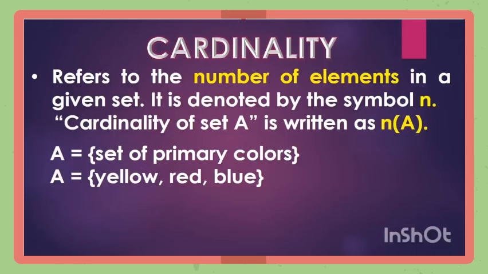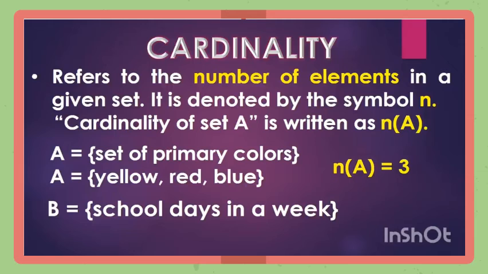So, we will be writing cardinality of set A is equal to 3. So, 3 is a number. 3 is the number of elements. So, small letter n, the name of the set enclosed by the parentheses, and then the number of elements.